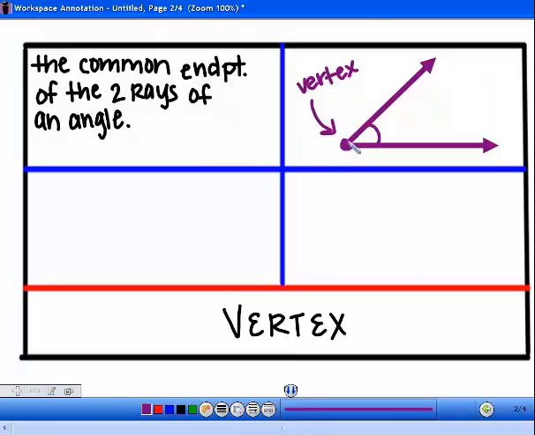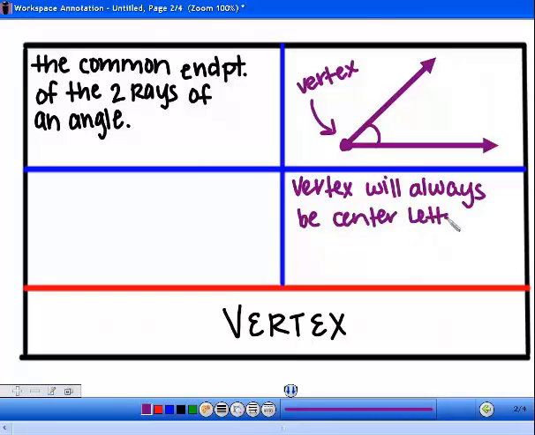And that vertex will always be the center letter when you're naming an angle with 3 letters. So vertex will always be center letter when naming angles.